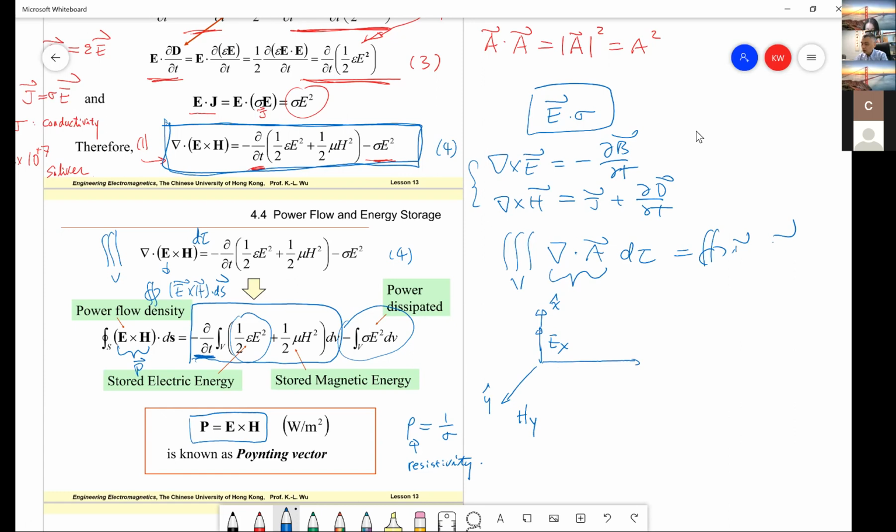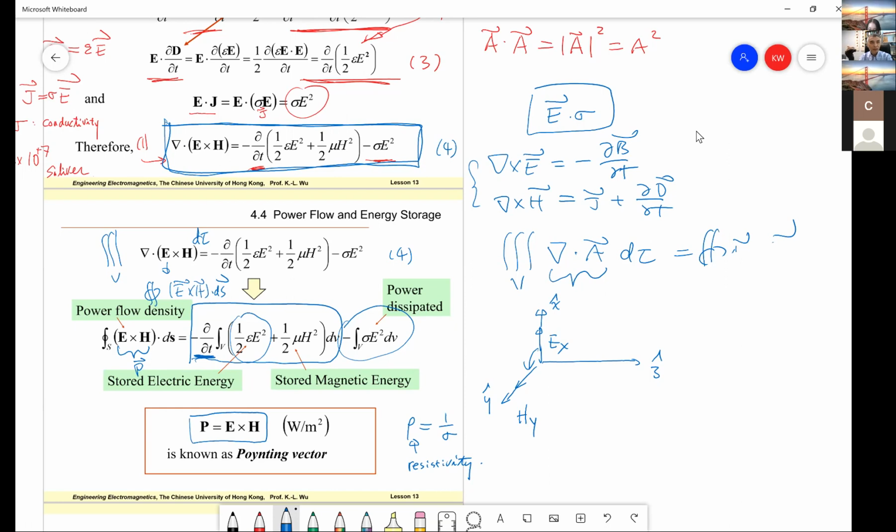Then this is the wave propagation direction. When the wave propagates in the positive Z direction, we have a solution. That means E cross H. Using the right hand, the thumb points to the direction of wave propagation. This is consistent with the Poynting vector.